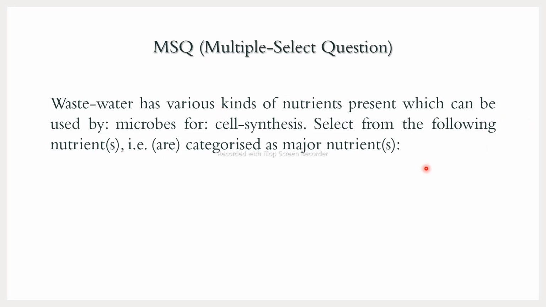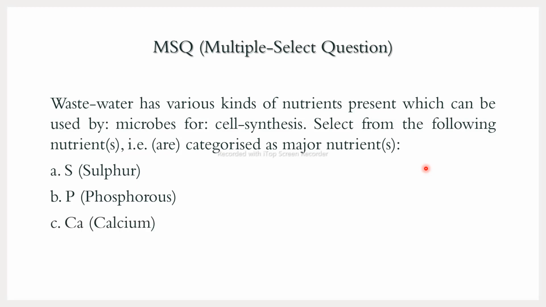So you have to select the following nutrients that are categorized as major nutrients. Option A is sulfur, S, option B is phosphorus, that is P, option C is Ca or calcium, and option D is Na or sodium. And option E is another option. It is nitrogen or N.